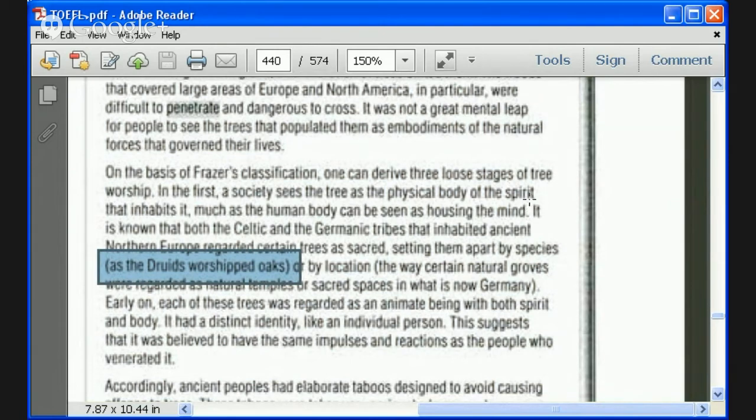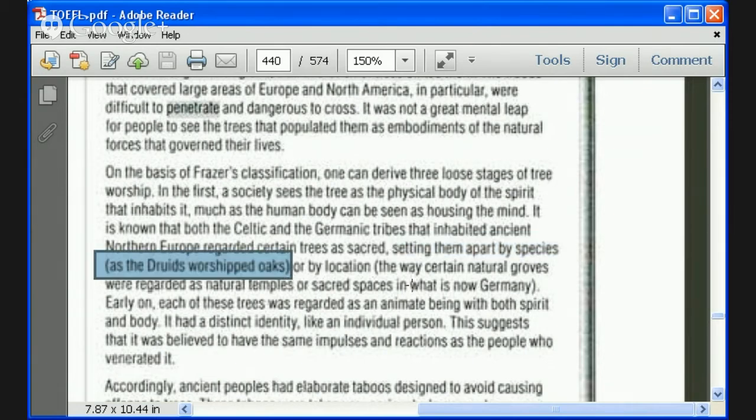It is known that both the Celtic and the Germanic tribes that inhabited ancient northern Europe regarded certain trees as sacred, setting them apart by species, as the Druids worshipped oak.